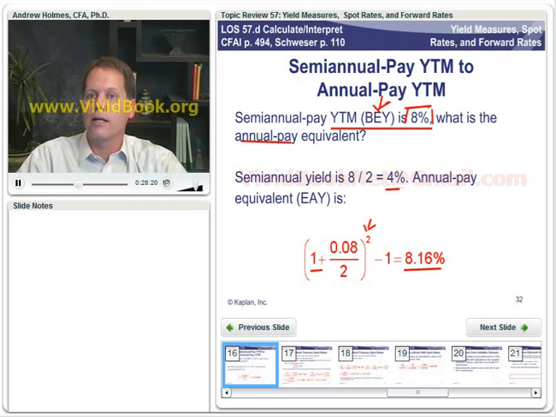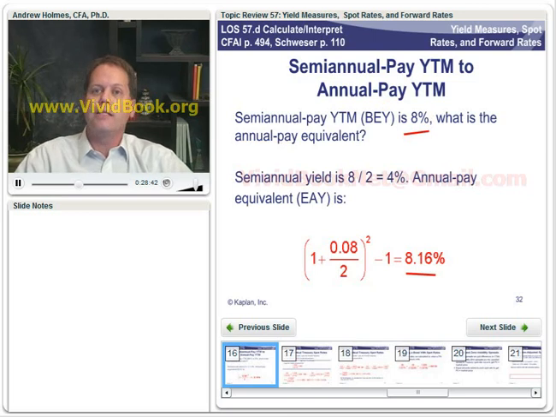So we add it in here, we subtract it out here, and what we get is 8.16%. So once again, earning 8% compounded semi-annually and earning 8.16% compounded annually gives us exactly the same outcome. So moving back and forth between semi-annual pay and annual pay, I think that's likely enough on the exam that I'd make sure I knew how to do it.